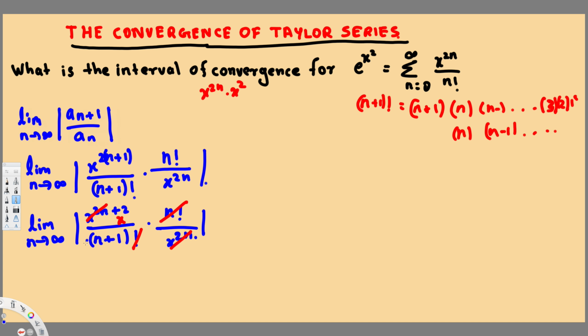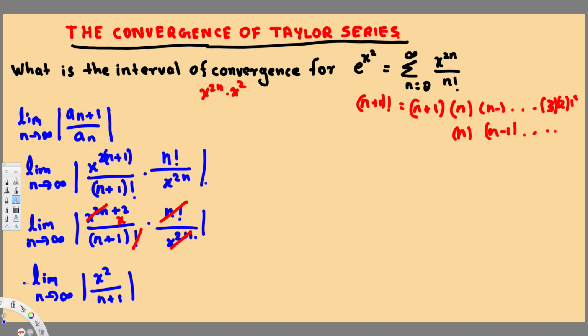Now let's see what that will do. Let's write this out first: the limit as n approaches infinity of x squared over n plus 1. We can take this x squared outside because we are only dealing with the n here.